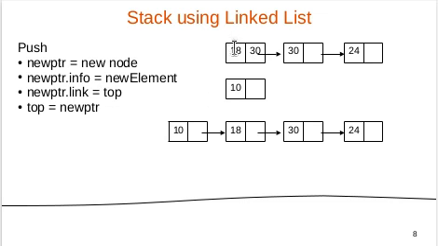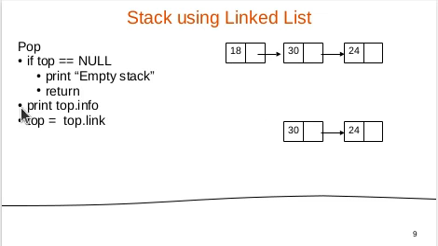The address of this node will be the top, so the address of this will be here, and top will be the address of this element. So after inserting 10, this will be the previous top, so the previous top will be the address of this node, and top will now be the address of this node. So this way we can use a linked list to represent a stack.